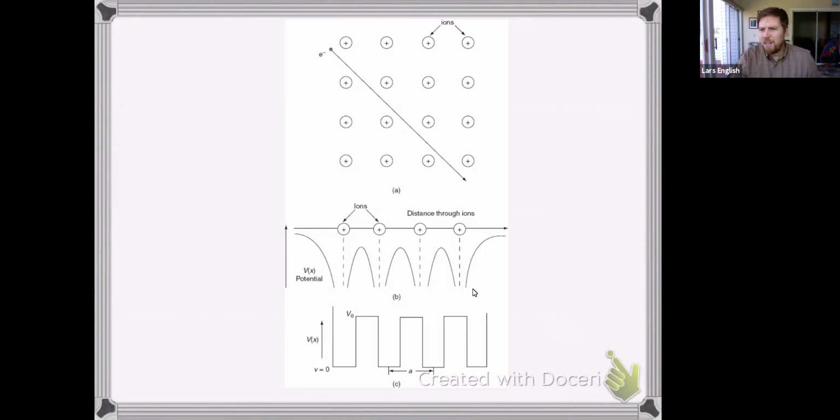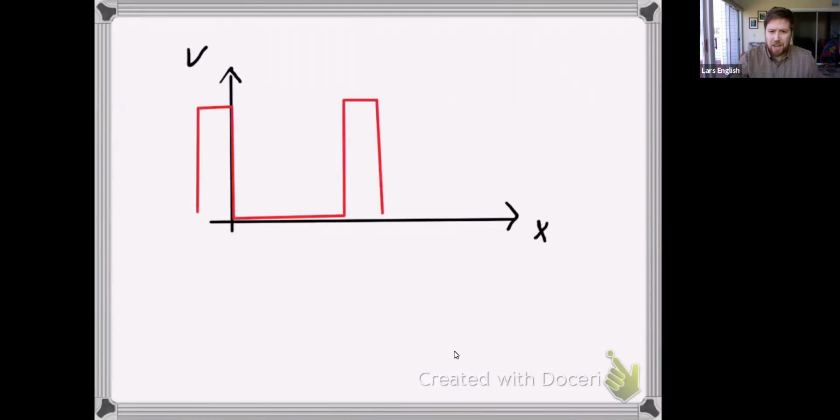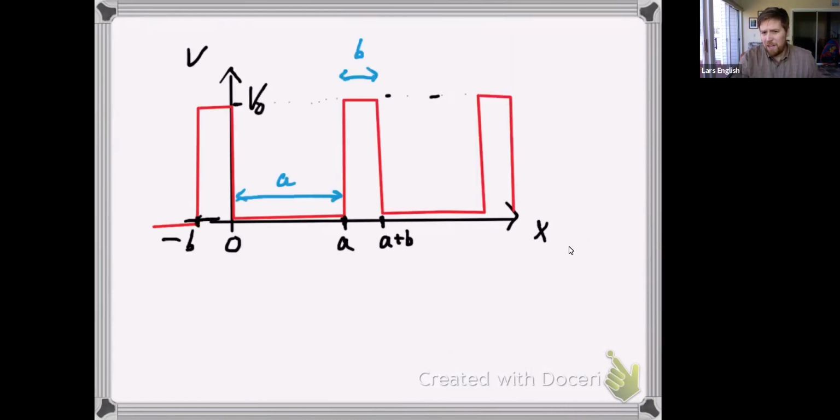So this is a fairly complicated potential, and we're going to try to simplify it by just square pulses. That's what we're going to do. And so here it is again. We have our potential energy as a function of x. We're going to do this in one dimension first.